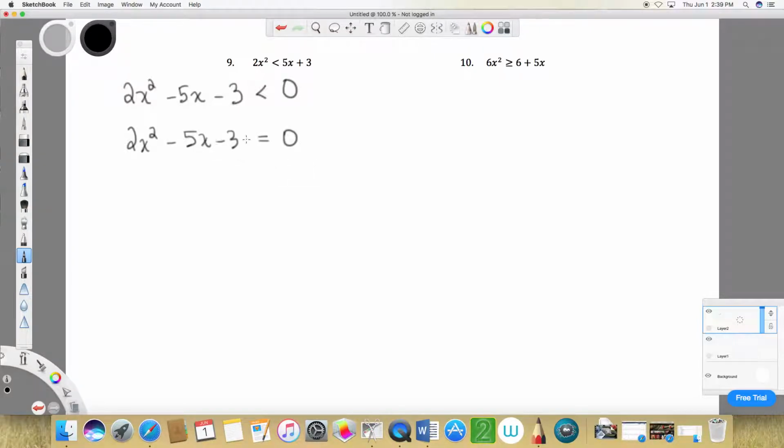Now, the easiest way to solve it is probably going to be factoring, although we know that sometimes you can't factor trinomials and the quadratic formula will always work. But I suspect that we can factor this. So the negative 5x is at the bottom of my x. I take the first term times the last term and write that at the top of the x.